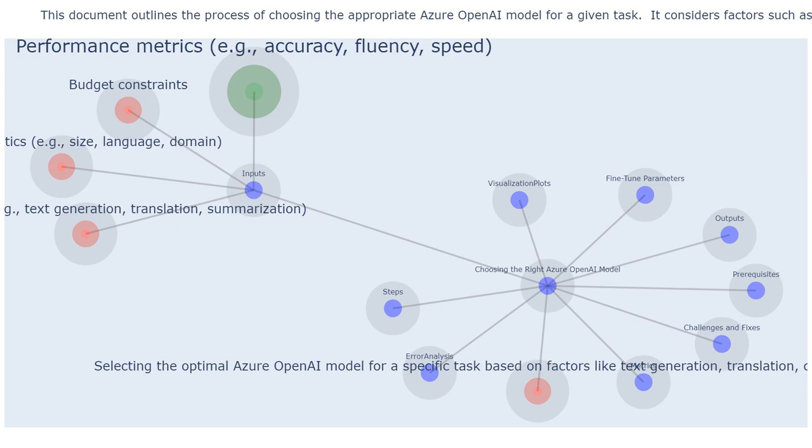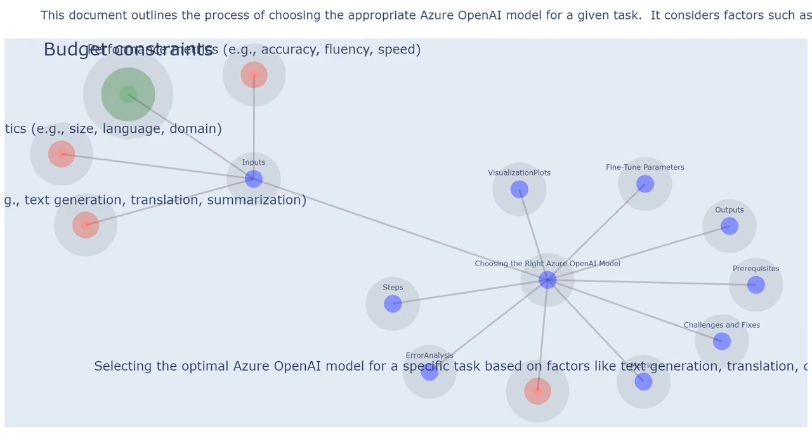This could include metrics like accuracy for measuring the correctness of the model's outputs, fluency for assessing the readability and naturalness of generated text, and speed for evaluating the model's efficiency in processing information. The budget allocated for using the Azure OpenAI service. Different models have varying pricing structures. So it is important to consider cost effectiveness when selecting a model.